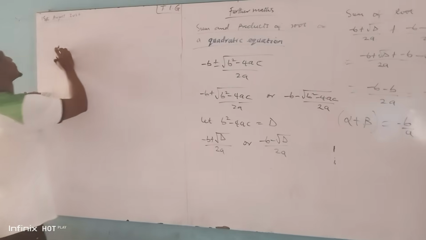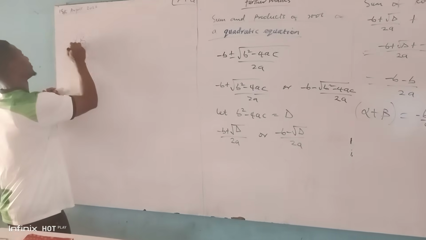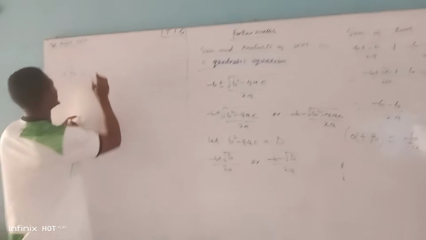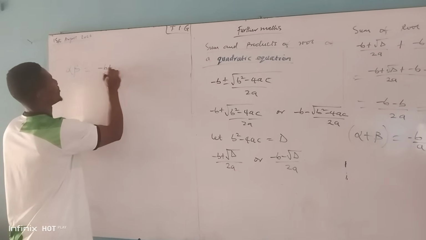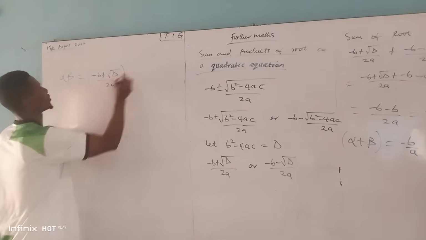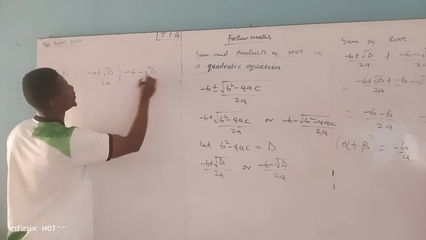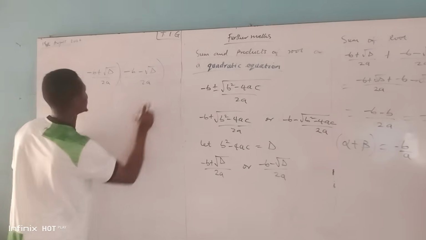Product of roots. The product of roots will be alpha beta. So that will be minus b plus square root of d over 2a multiplying minus b minus square root of d all over 2a.